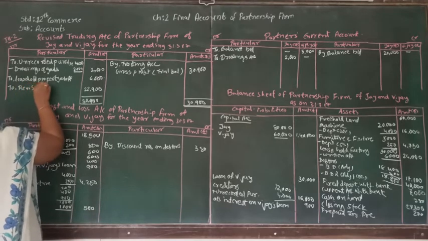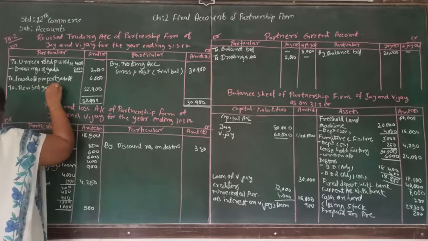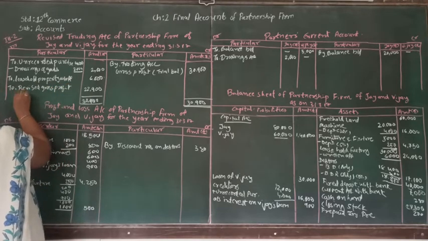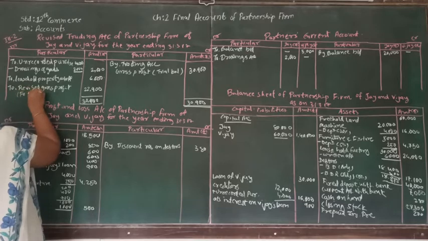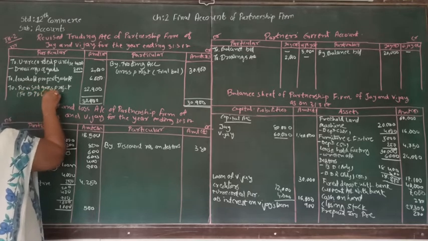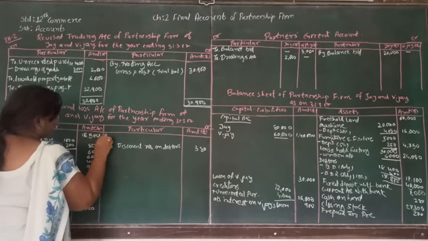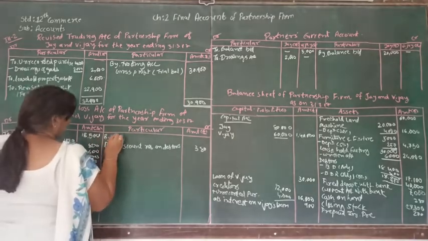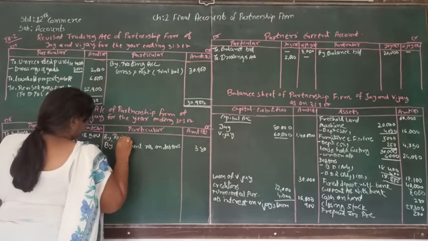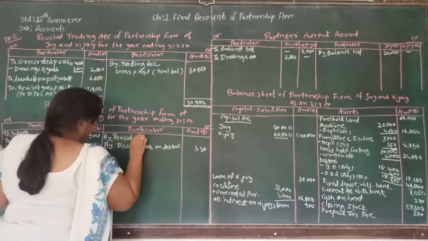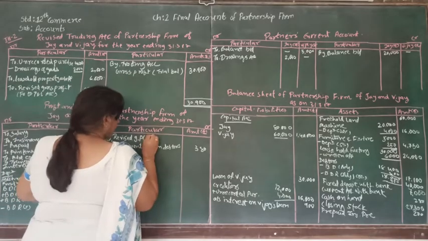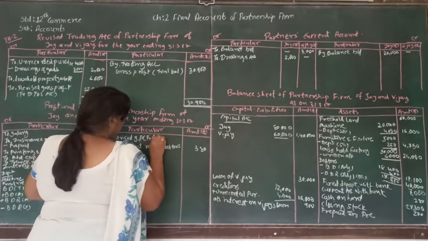This is supposed to be transferred to the profit and loss account. So this profit we are going to take on the credit side of the profit and loss account as revised gross profit, transferred from trading account.